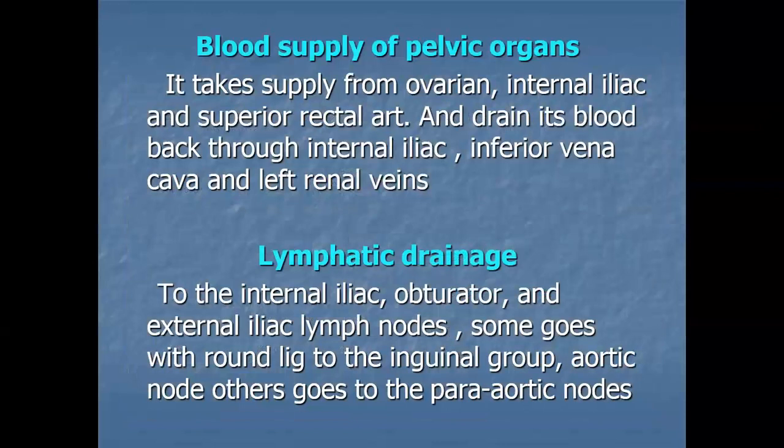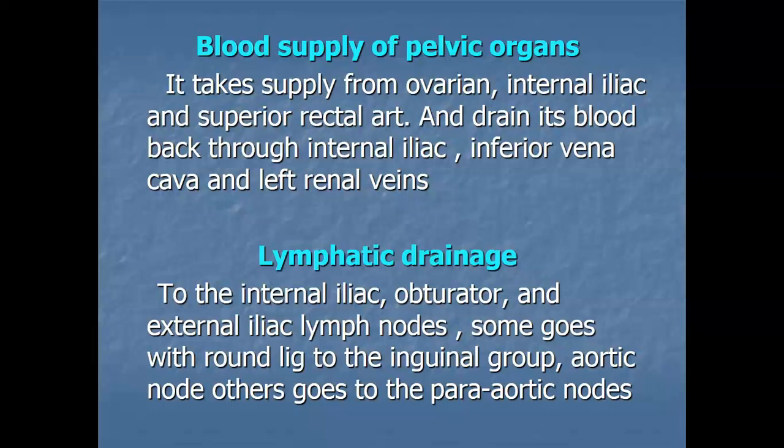Blood supply of the pelvic organs: it takes supply from the ovarian, internal iliac, and superior iliac arteries, and drains the blood back through the internal iliac vein, inferior vena cava, and left renal vein.